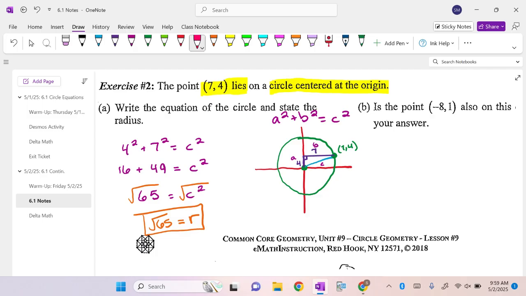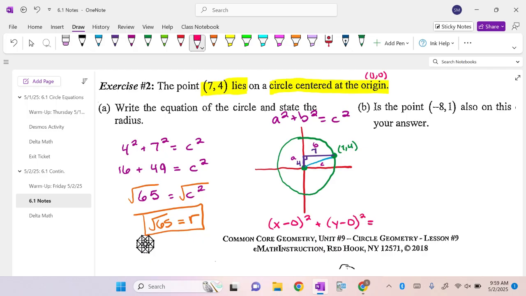But remember, it's centered at the origin, so that's the point what? (0, 0). Now, if the center was (7, 4), that would have been the correct answer. All right? But since it's at (0, 0), we just got to replace the 7 and the 4 with zeros from your answer, Gavin. So this would be (x minus 0) all squared plus (y minus 0) all squared.